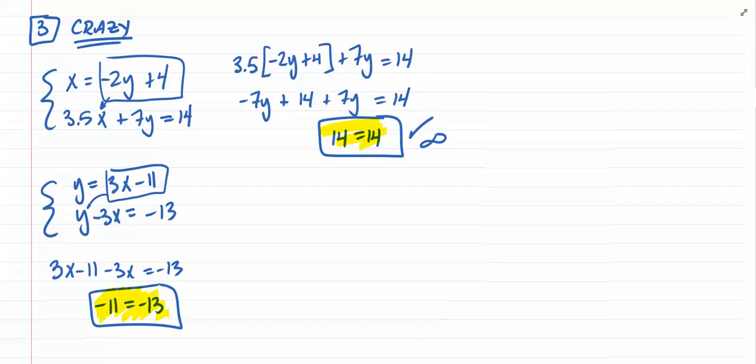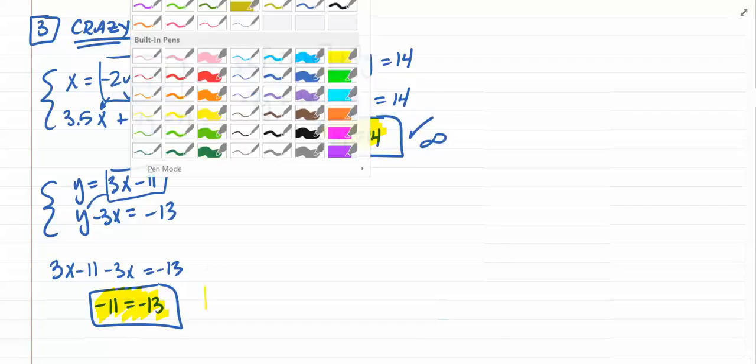Pulavi, what do you think? It's a false statement. So if I'm getting a false statement through the algebra that I'm doing, that would suggest to me that my system has no solution, or it's inconsistent. So this would be no solution. Inconsistent.